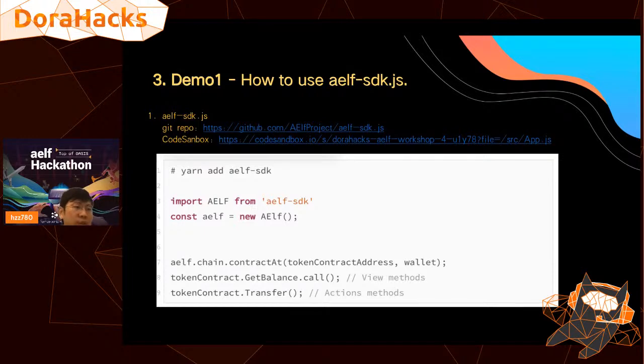Let me show you some demos in CodeSandbox, and I will code it step by step. If you have created DApps on ETH, you will find that it seems the same as developing on Ethereum.